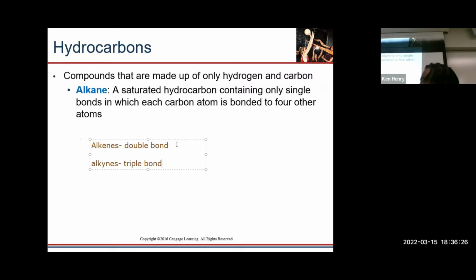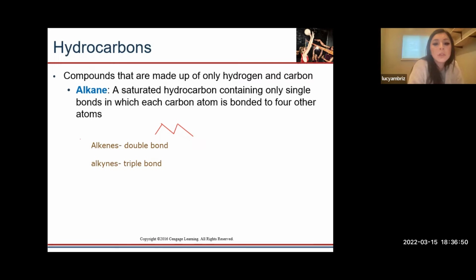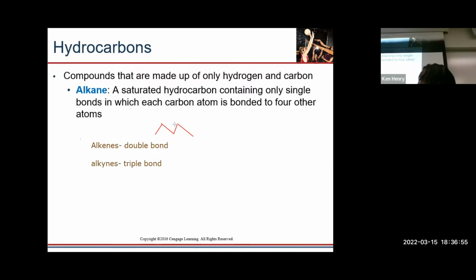So let's say we started off with this guy. How many carbons do I have? 1, 2, 3, 4, 5. 5 carbons. So let's write it down so you guys can see it.